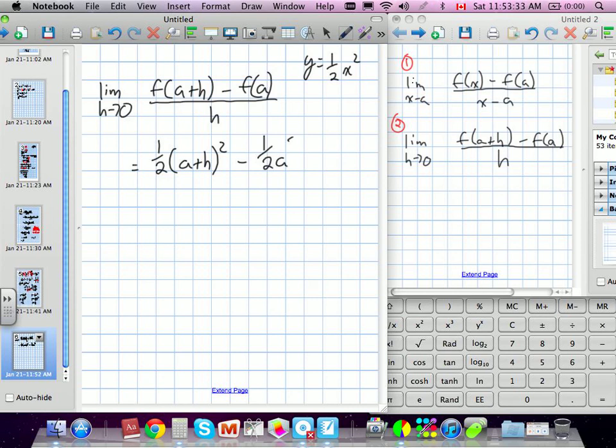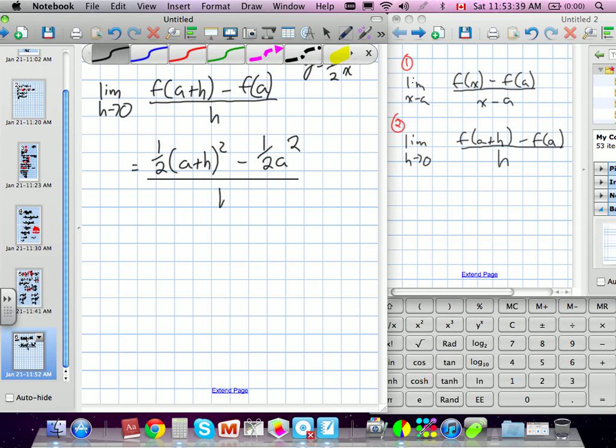Okay, now I'm going to FOIL what we have here in this bracket. Because that's a perfect square trinomial, I think that's what they call it, it becomes a squared plus 2ah plus h squared. Does that make sense in terms of the FOIL?